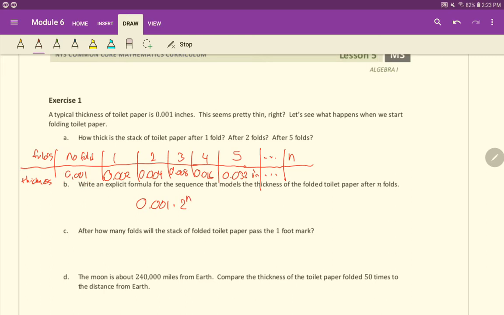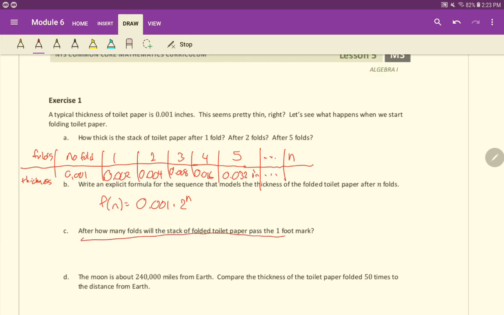So I think here we can just say 2 to the n. If you put 0 in for n, 0 folds, then the 2 to the 0 will just be a 1, and this will just be 0.001 then. Then when you have 1 fold, it'll double, so it'll be times 2, which gives you the 0.002, and so this is going to be our f of n equals like that.